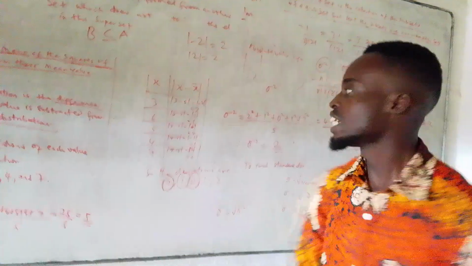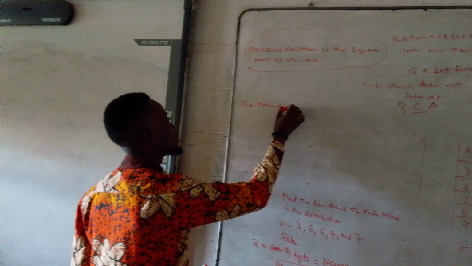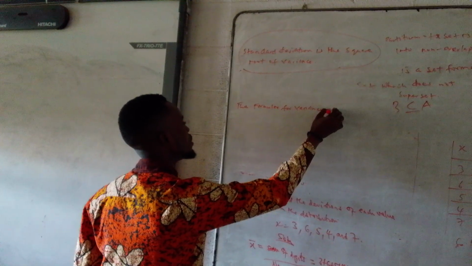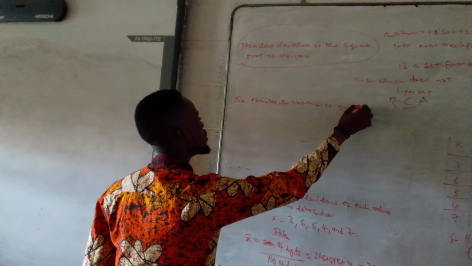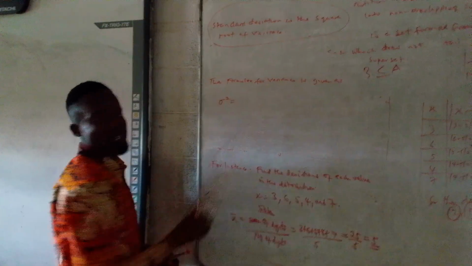Now it has a formula. The formula for variance is given as follows. Look at the formula here.